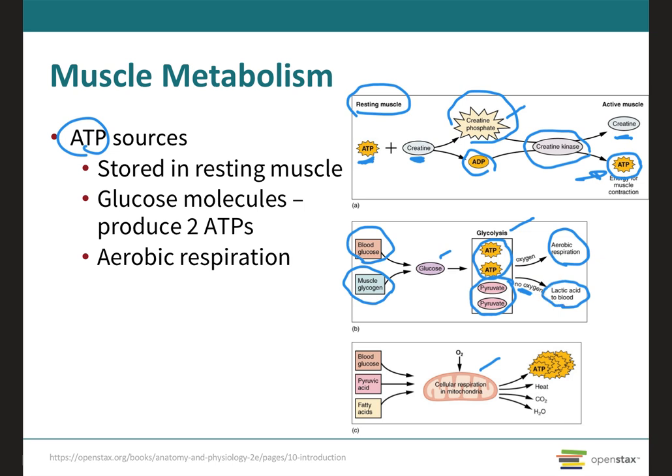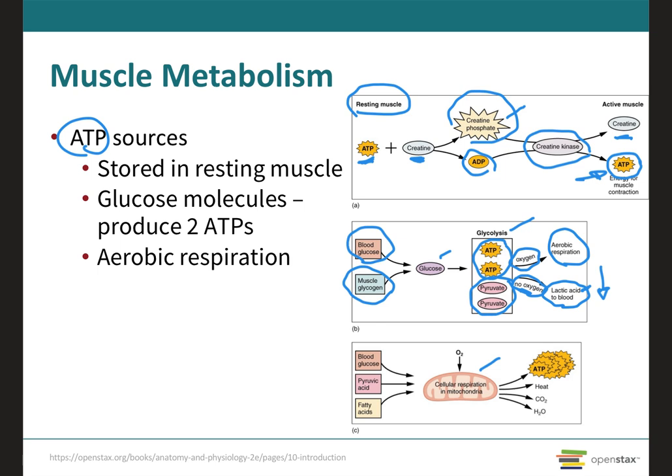In other words, if oxygen is going to be available, pyruvic acid is used in aerobic respiration. However, if oxygen is not available, then the pyruvic acid is going to be converted to lactic acid, which may contribute to muscle fatigue, which is not a very good option.